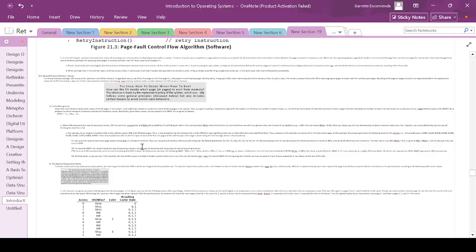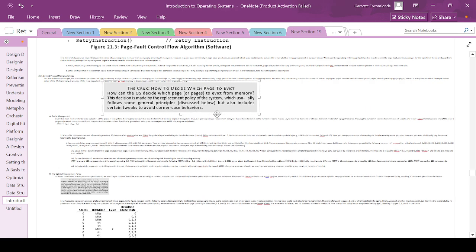Historically, it was one of the most important decisions the early virtual memory systems made, as older systems had little physical memory. Because of the small memory, kicking out the wrong pages would lead to this disastrous event even more.